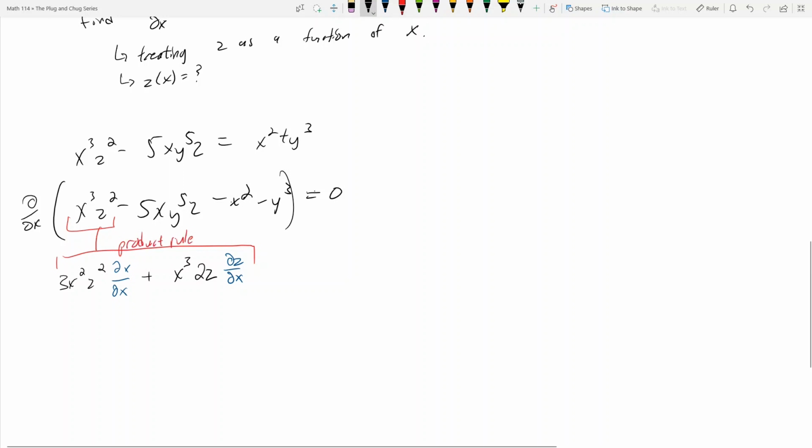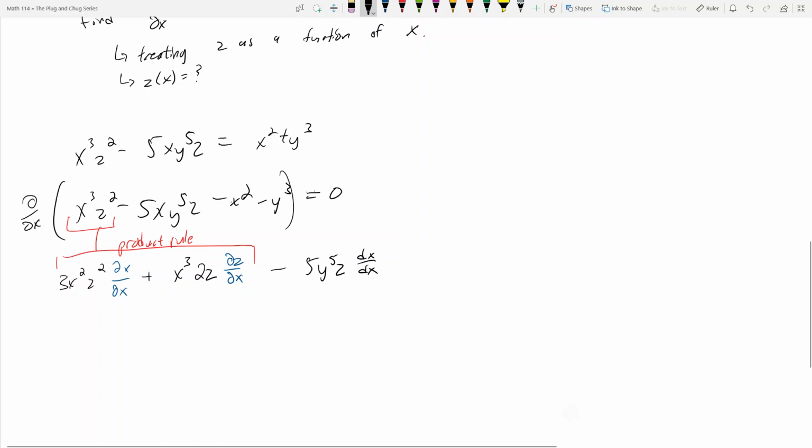All right, what's next? Well, now I have to conquer this 5x y to the fifth z term. So again, I take everything else except the x as constant and take the derivative with respect to x, and I get 5y to the fifth z dx/dx.